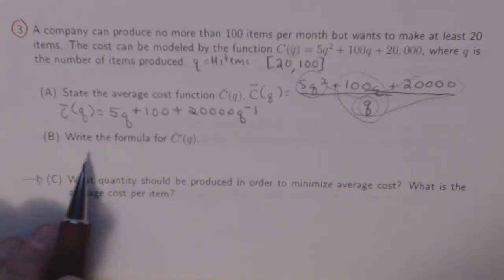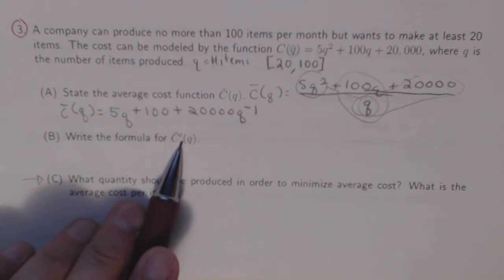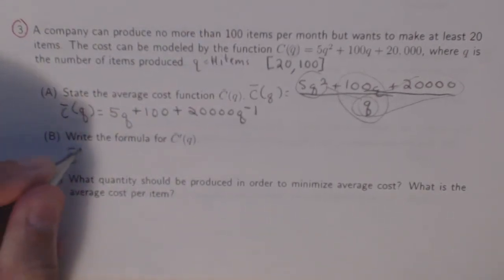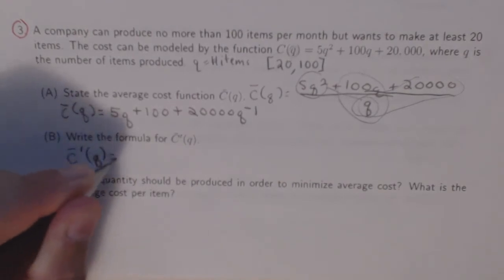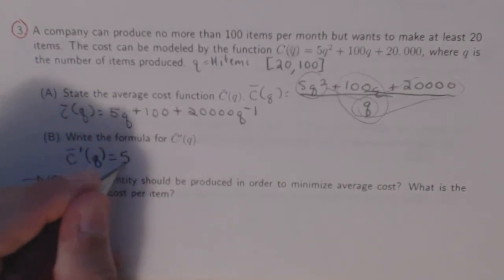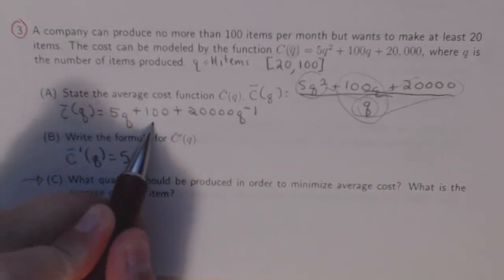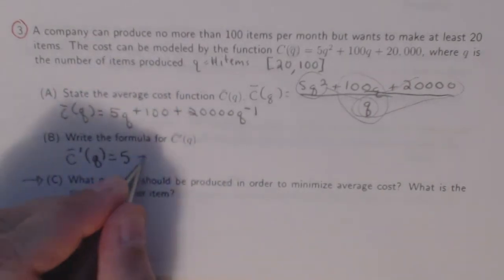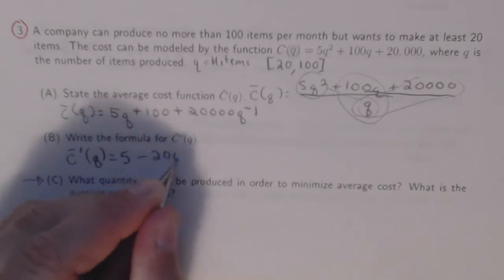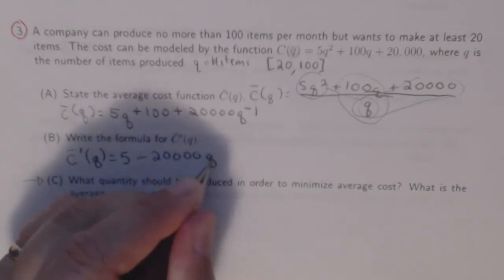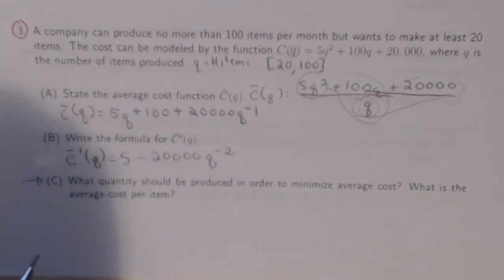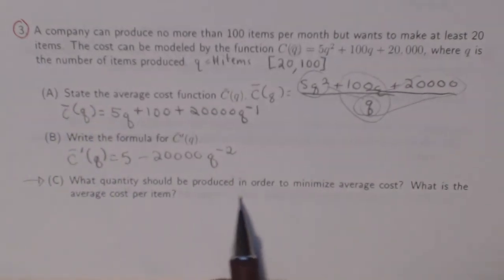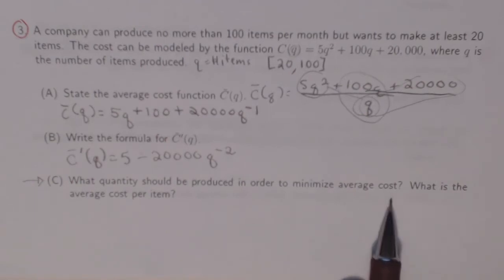Now we can write the formula for the derivative of the average cost. So that would be the derivative of 5Q is 5, the derivative of 100 is nothing, 0, and the derivative of 20,000 Q to the negative 1 is negative 20,000 Q to the negative 2. And then we're going to say, well, what quantity should be produced in order to minimize average cost?